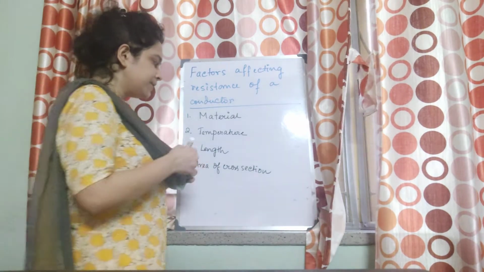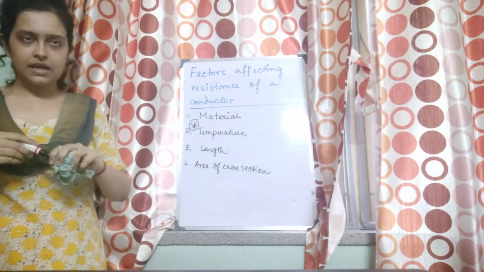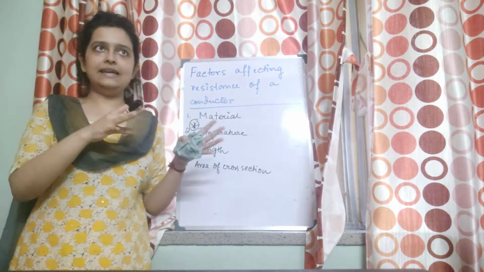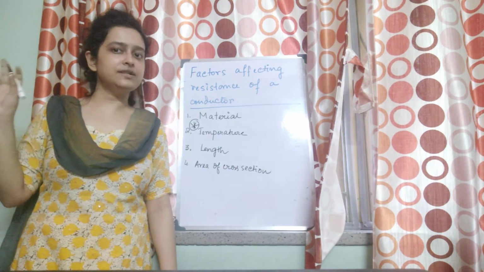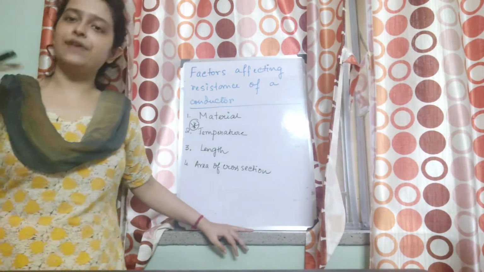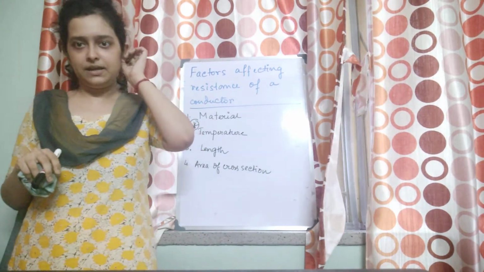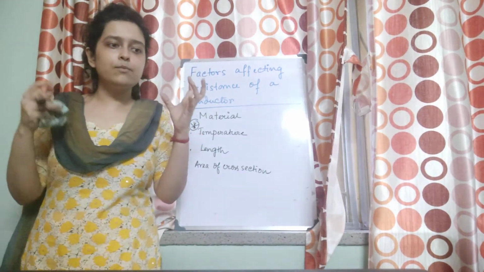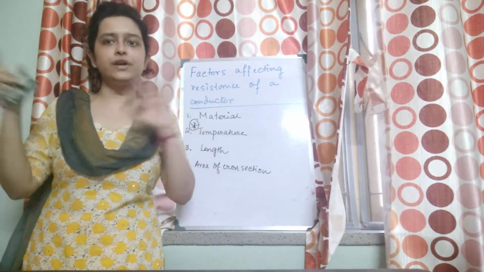Temperature. Do you remember this point I have mentioned in Ohm's law? That I is directly proportional to V, provided the temperature is constant. That is because if temperature rises, then what will happen? The electrons will gain more kinetic energy now, so they will start moving more vigorously.